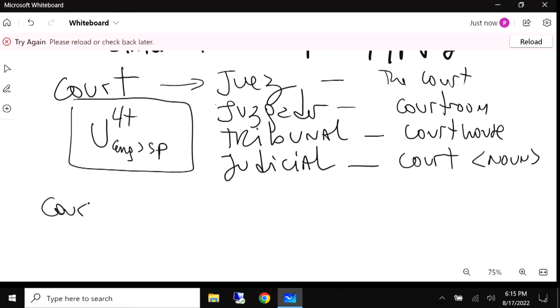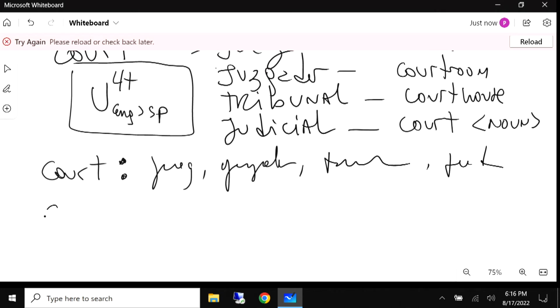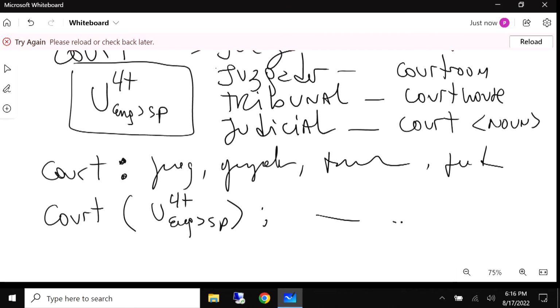Let's say you're looking up the word court in a dictionary. This is how it should be presented. Right now they give you all the options: juez, juzgado, tribunal, judicial. But really, the way it should be presented is this way: court, U4 plus, English into Spanish, and then provide the options.